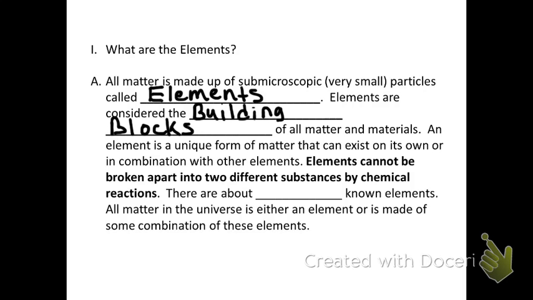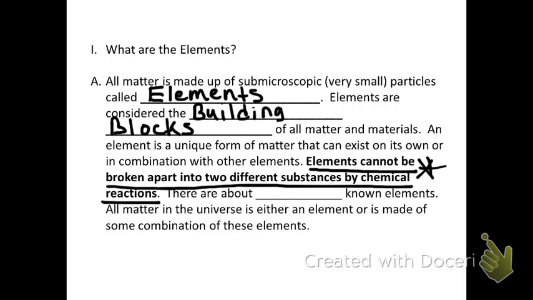And an element is a unique form of matter that can exist on its own or in a combination with other elements. And this is really important. Elements cannot be broken apart into two different substances by chemical reactions. You really need to have that little statement down pat. Okay? Again, you can't break elements down into other substances through chemical reactions.